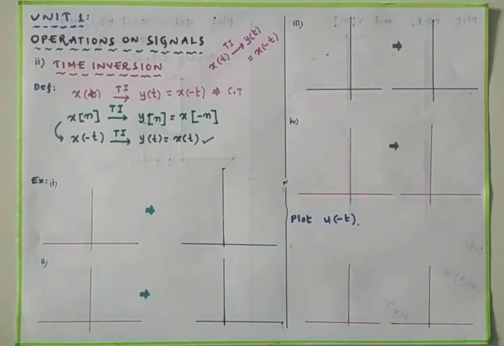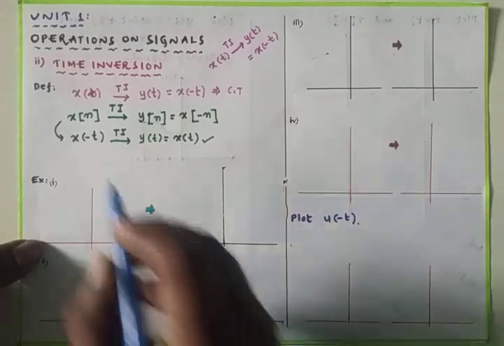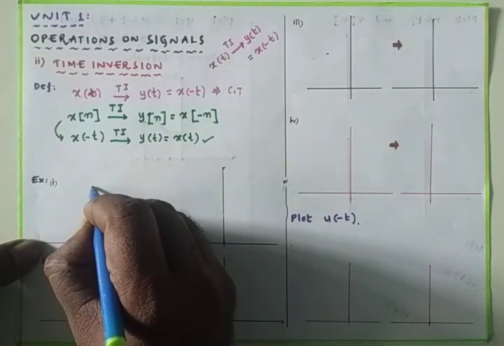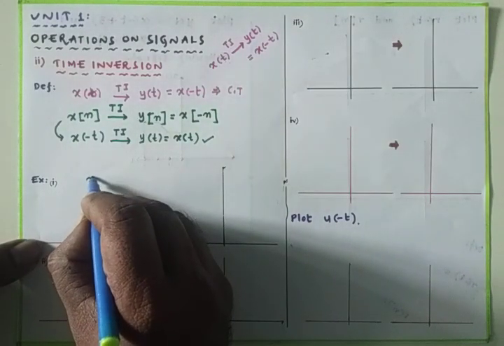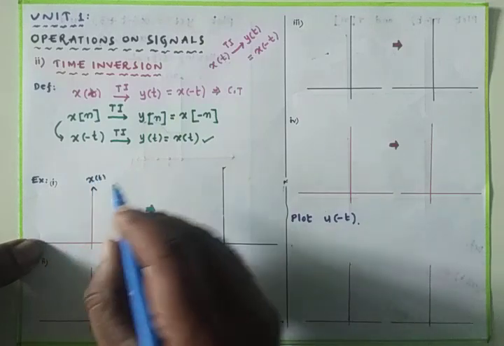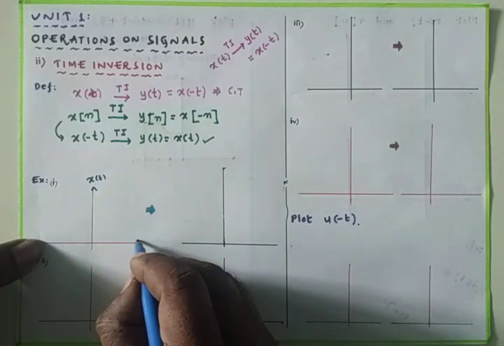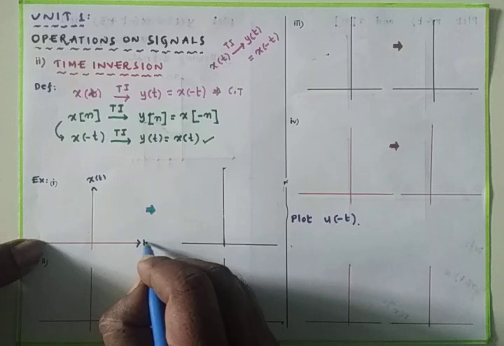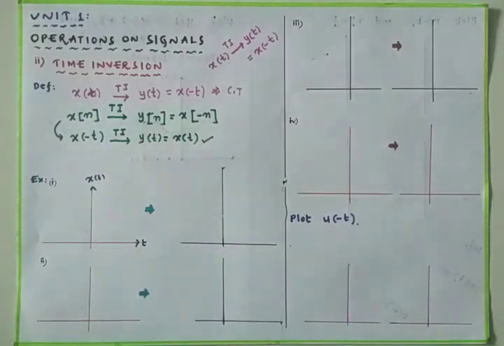For example, in the first example I am going with one particular signal. I am assuming a square signal. We know that the square signal is x of t, the amplitude of the signal, where t is an independent variable. Always t must be taken on the x-axis and the amplitude of the signal must be taken on the y-axis.